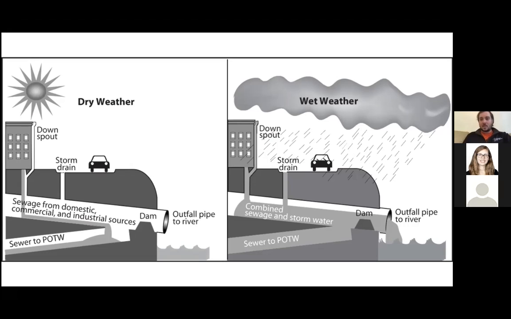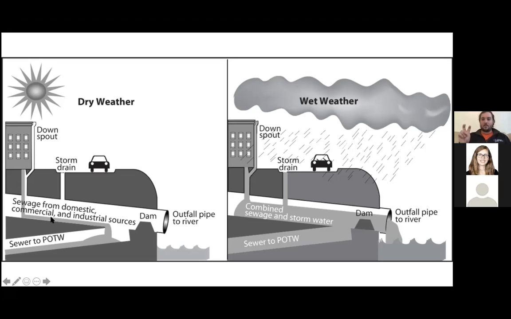Basically, in Cleveland, in Buffalo, in Chicago, and pretty much every Great Lakes city, most East Coast cities, the storm and wastewater infrastructure, the set of pipes that we have set up to deal with storm water, which is the water that falls out of the sky and runs into the drains that you see on the street, and then your wastewater, which is water that you flush down the toilet, both of those water sources come together in the same pipe.